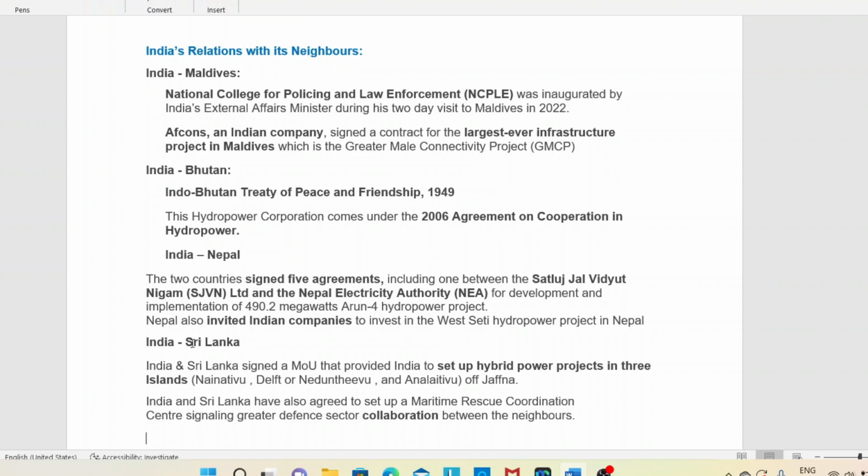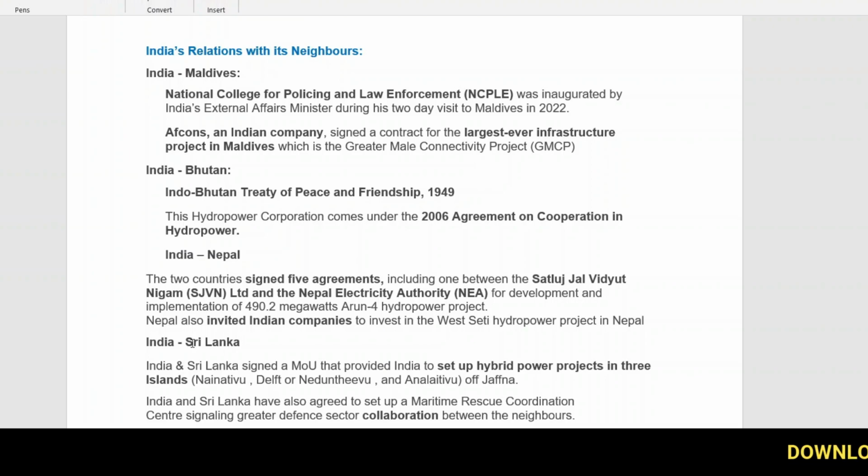Let's see about India and Sri Lanka. India and Sri Lanka signed an MOU that allows India to set up hydropower projects in 3 islands. Important point, this is very important for economic benefits.